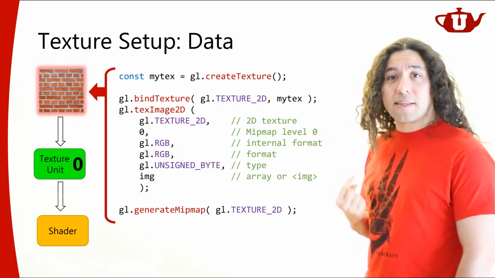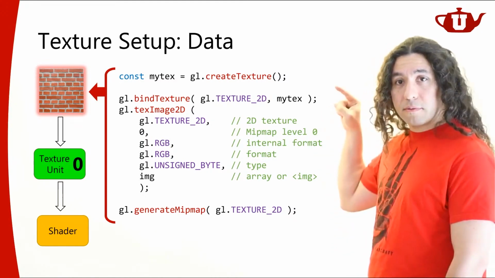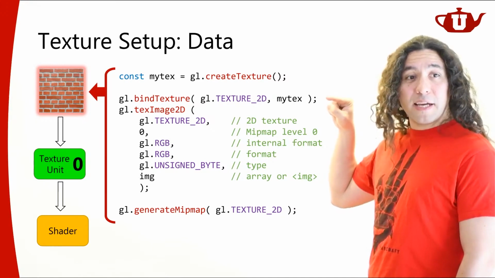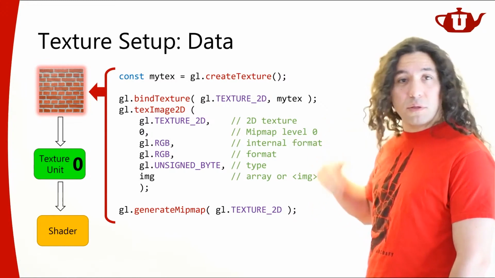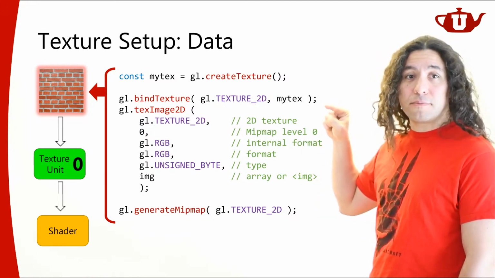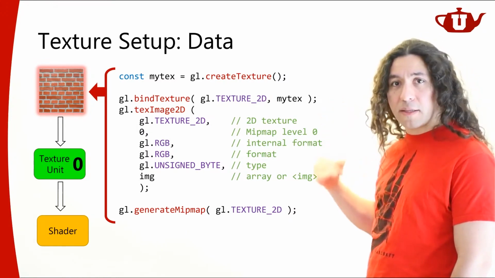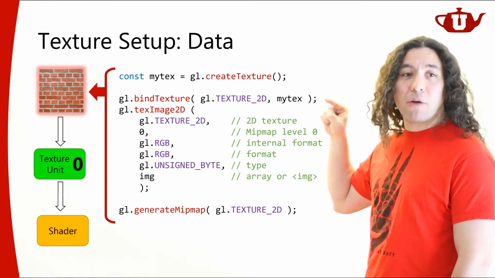The way I set the texture data is I first bind the texture with this line. After you bind the texture, all the texture calls that you make after that are going to be about this one texture. So I bound this texture, which means all the WebGL calls will be about this one texture.